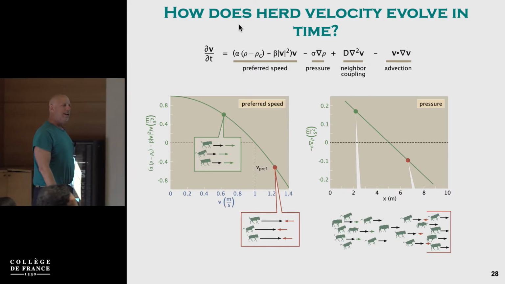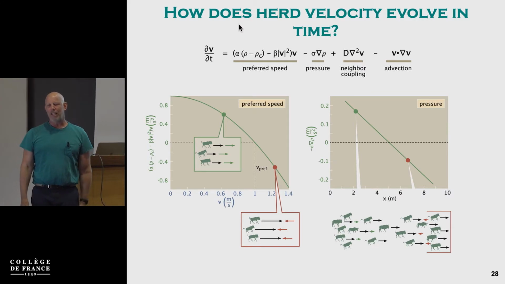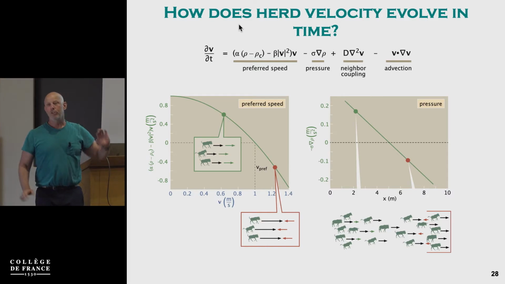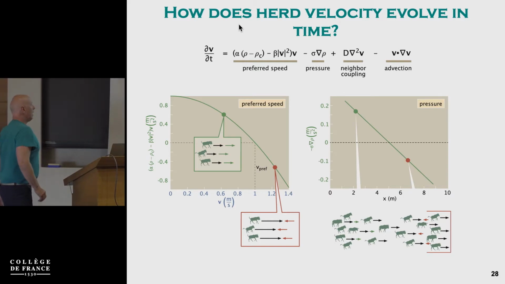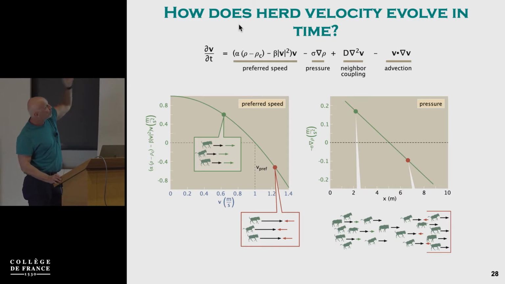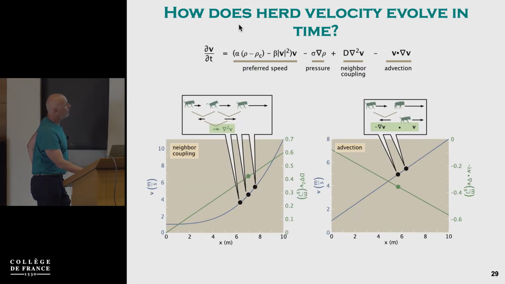You notice it when you get in a subway. You start to feel like, gosh, that's really too close for me. So that's what this pressure term is doing. It's trying to say there's an optimal spacing. And the neighbor coupling is the one about democracy. This preferred speed is the idea that we have a natural pace. I'm going to come back to that later in the context of molecular motors.